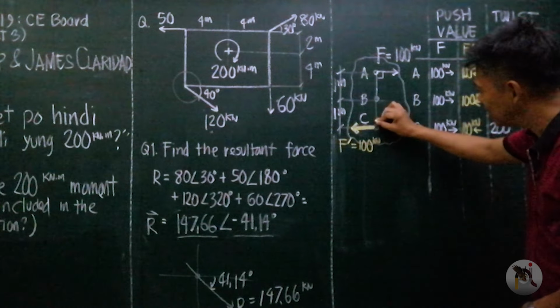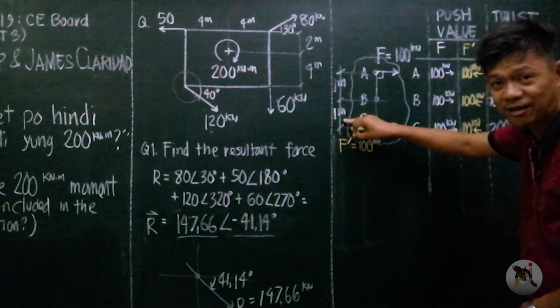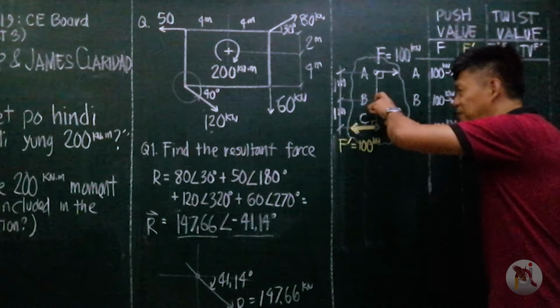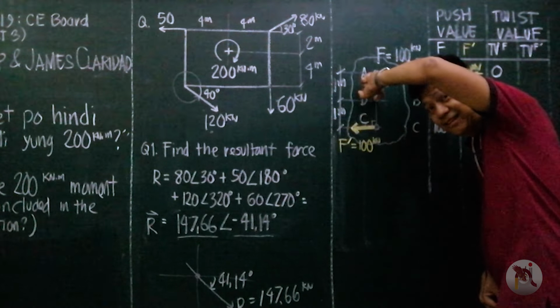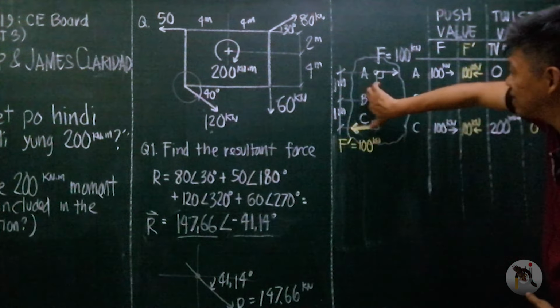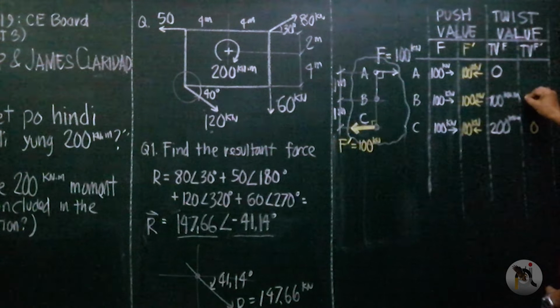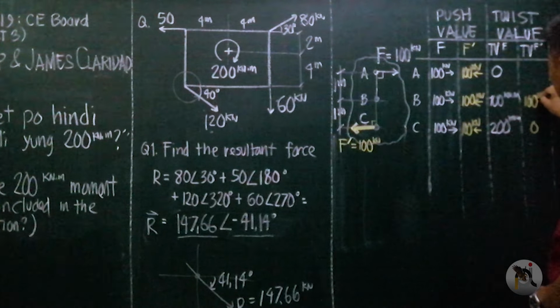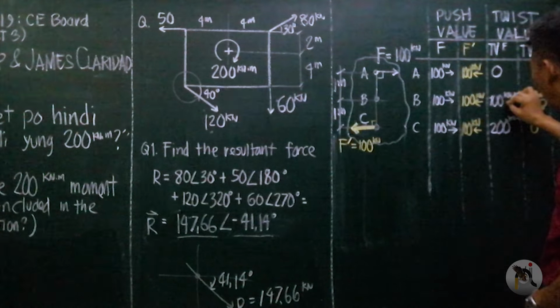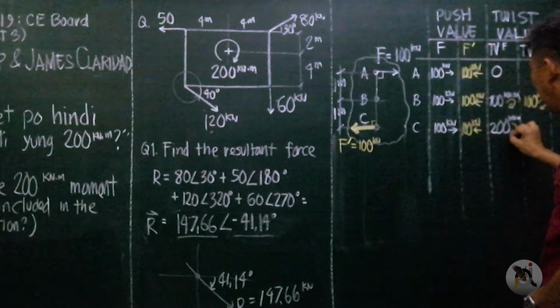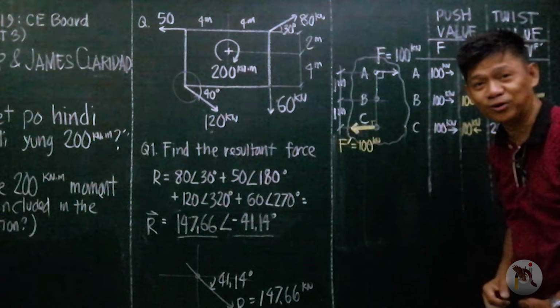However, at B, its distance is 1 meter. So its twist value is in this direction, clockwise. So that is 100 times 1. This is 100 kilonewton meter clockwise. This one, by the way, is also a clockwise twist value.